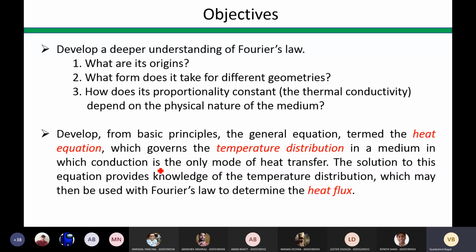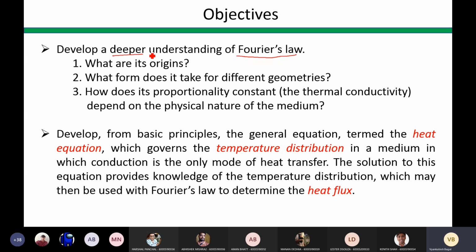So these are the objectives for this discussion on introduction to conduction. What I want my students to understand when we finish the discussion on conduction. Only two bullets are there. The first is students should be able to develop a deeper understanding of Fourier's law. They should understand how to apply Fourier's law for a given situation.